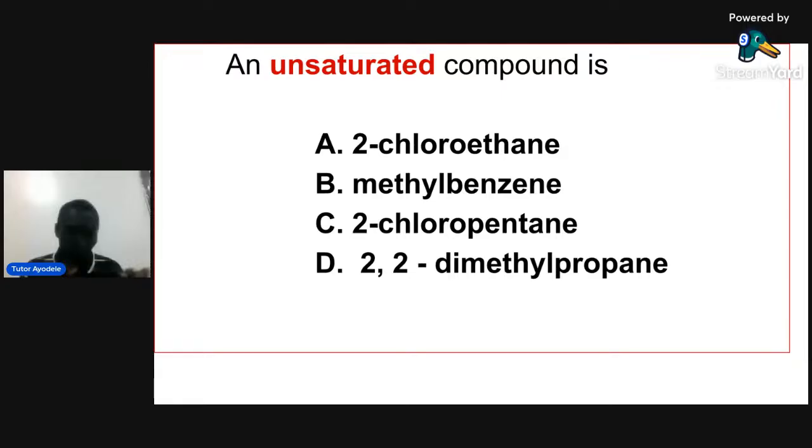Option A ends with ANE, it's from alkane, the cyclo form of alkanes, so that one is saturated. 2-chloropentane is just a branching of alkanes, so it's still saturated. Option D is also saturated.